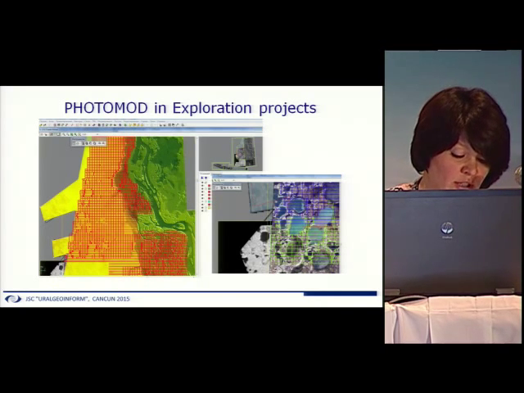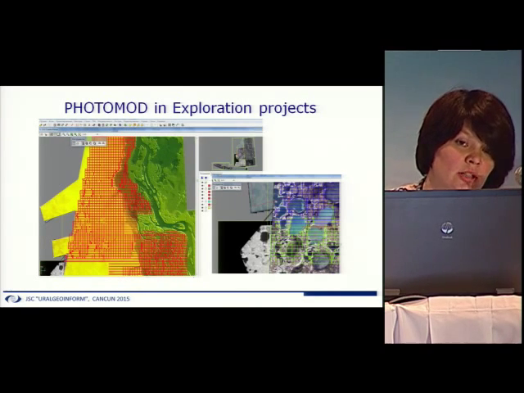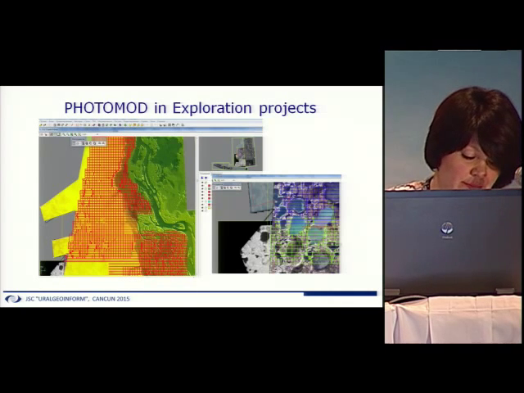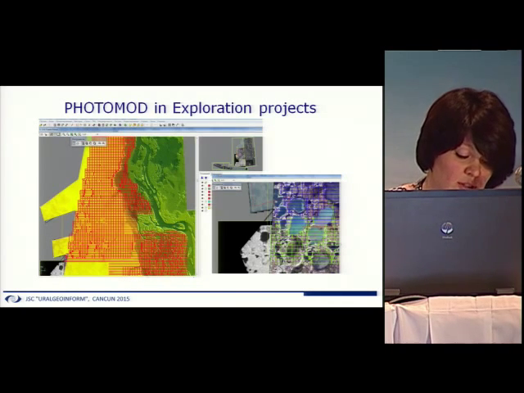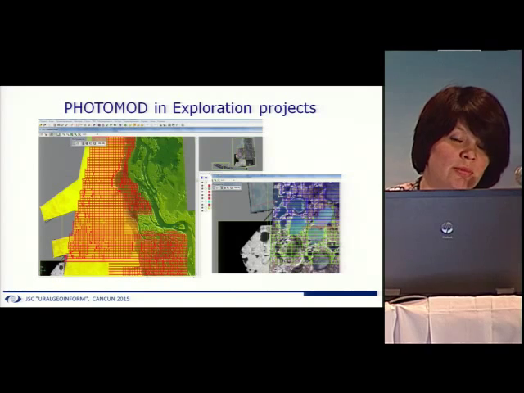This was done in one workday. Which would require the entire field season had we not used the PHOTOMOD, and the rate of return here was 28%.